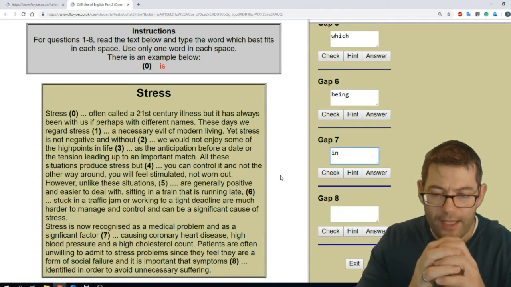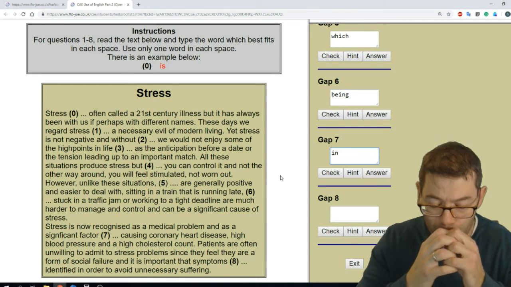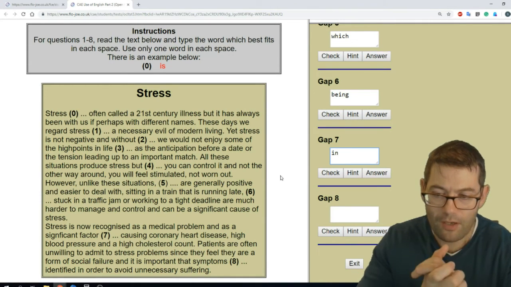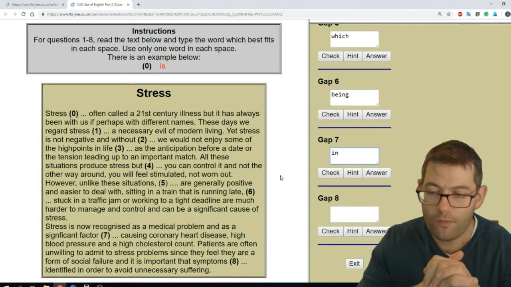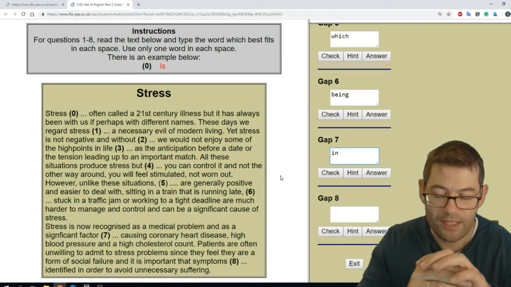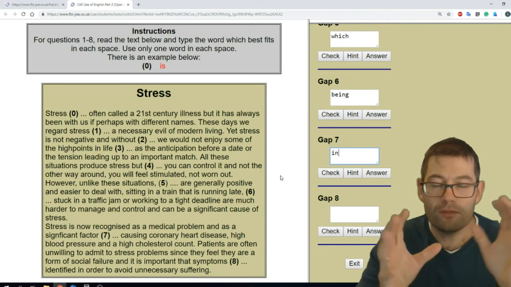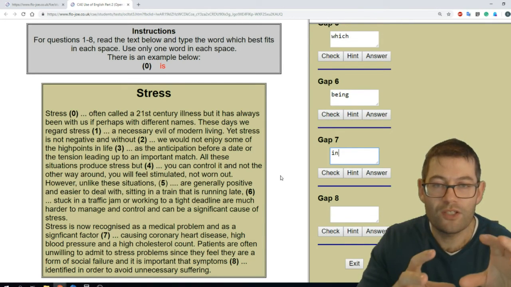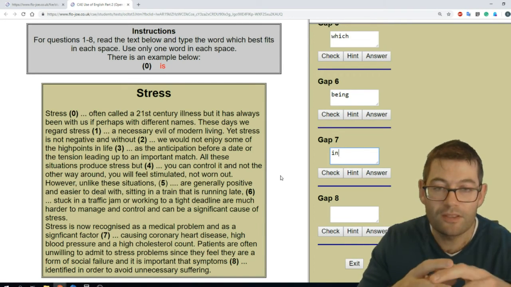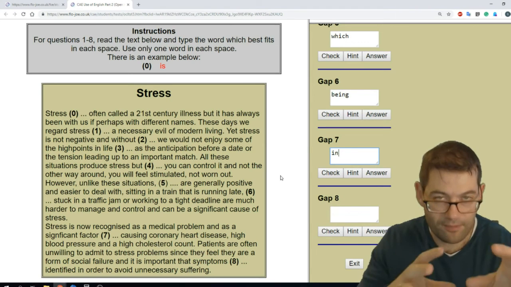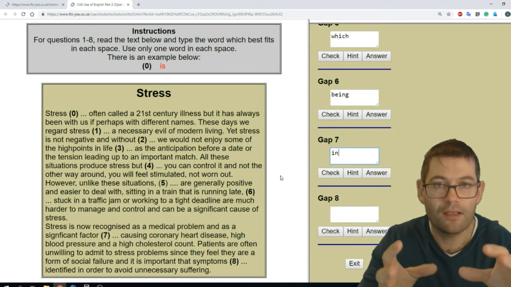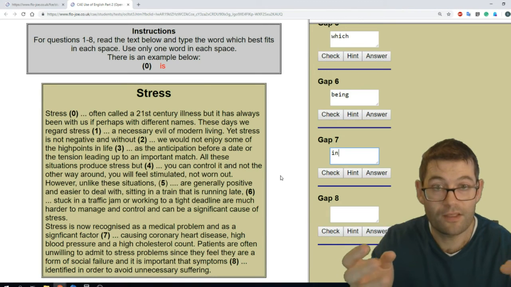If we move a little bit further on down, patients are often unwilling to admit to stress problems since they feel they are a form of social failure, and it's important that symptoms identified in order to avoid unnecessary suffering. Now, these kind of questions are always a gift because these ones are based on understanding simple language patterns.